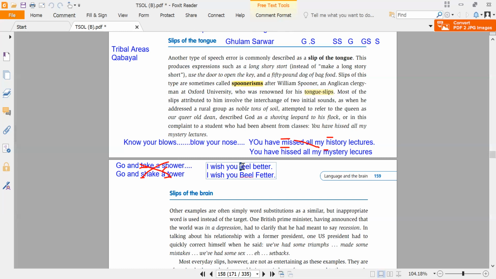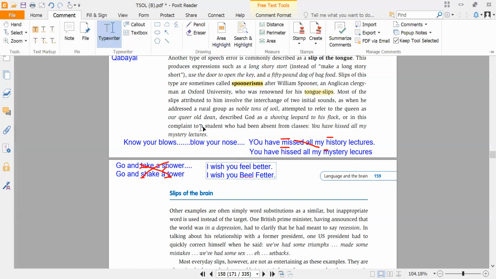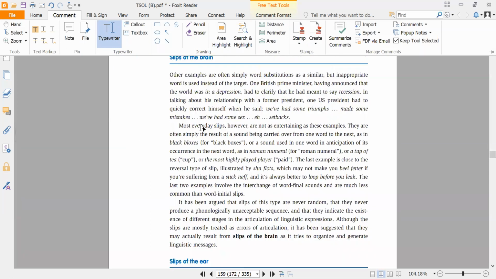And instead of "better," he said "fetter," because the f sound was brought here, right? So, reversal of the initial sounds of two or more words. This is what you call spoonerism. Okay, we have so many other examples and types of this slip of the tongue.